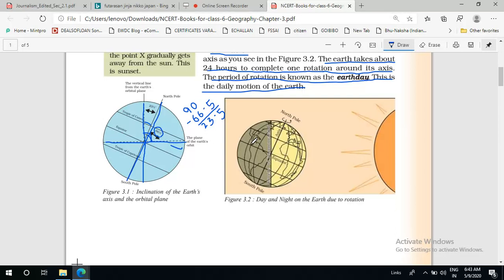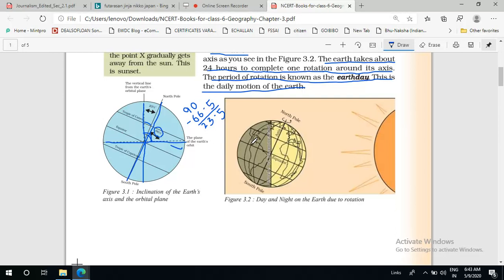And when we are having night, at that time the other part of the earth, which was experiencing night time when we had daytime, is now experiencing daytime.